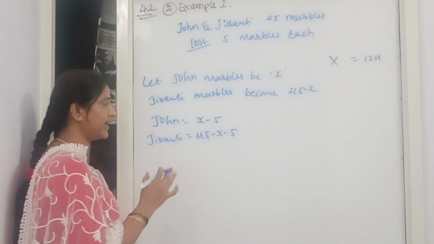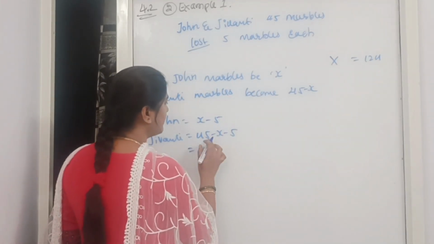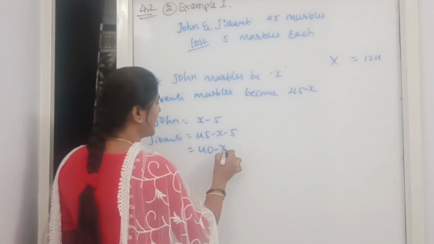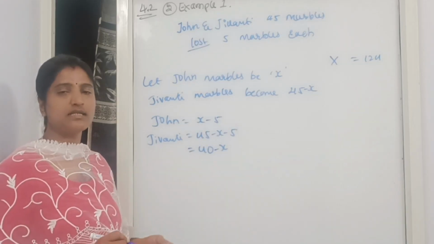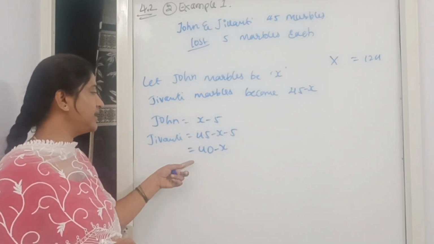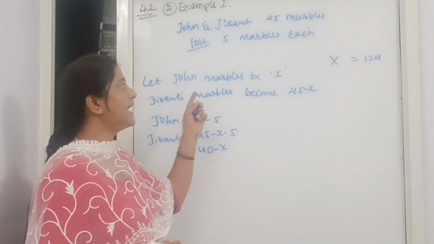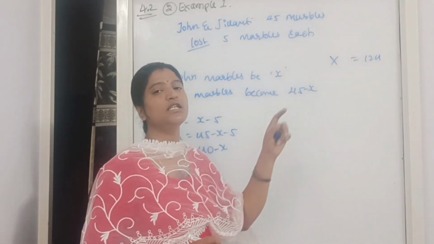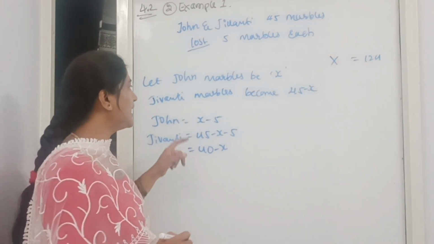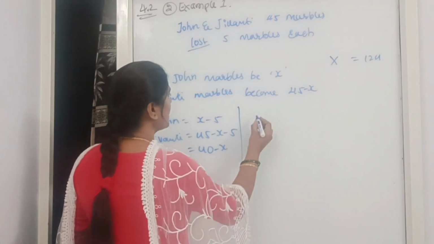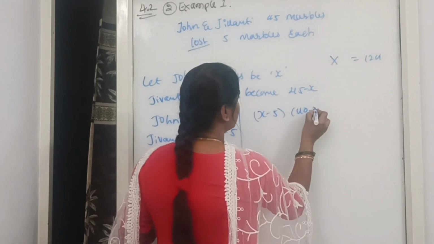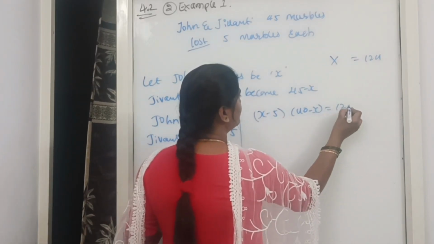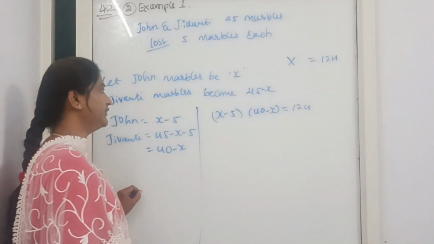Both lost 5, so 45 minus 5 is 40 minus X. And they are telling the product of them is 124. So X minus 5 into 40 minus X is equal to 124.